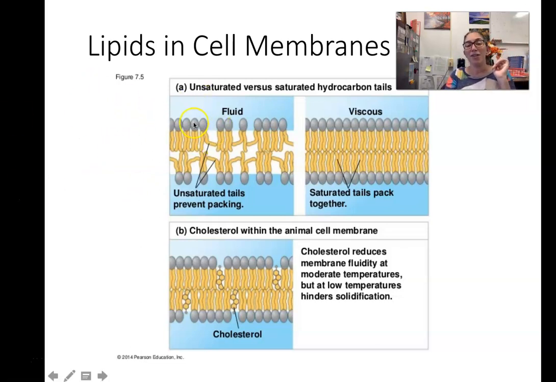And so unsaturated fatty acids make for a more fluid cell membrane, whereas saturated fatty acids will make for a less fluid, a stiffer, more rigid cell membrane. And cholesterol will make it even more rigid than that.